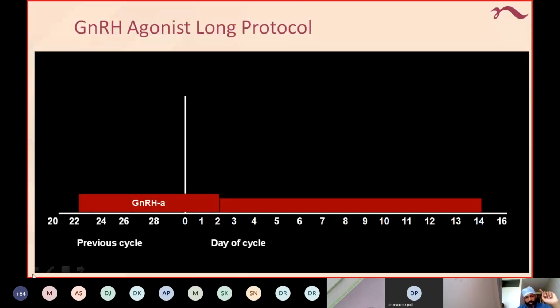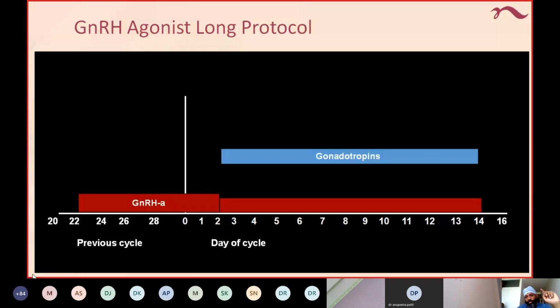And then subsequently we start with the gonadotropin injections. Once the cycle occurs, you can reduce the dose of the GnRH agonist when you start the gonadotropins, because the down regulation has already set in. And in the agonist short protocol, you can start from the second day.